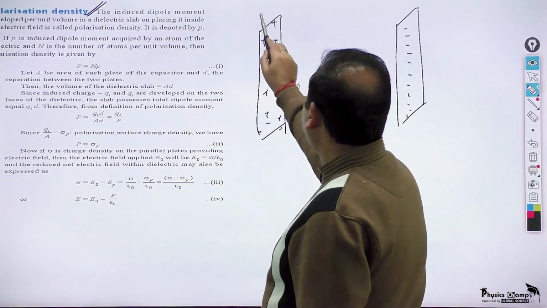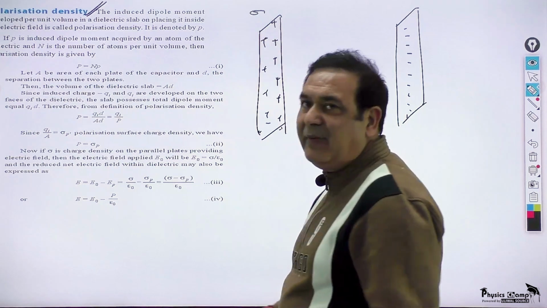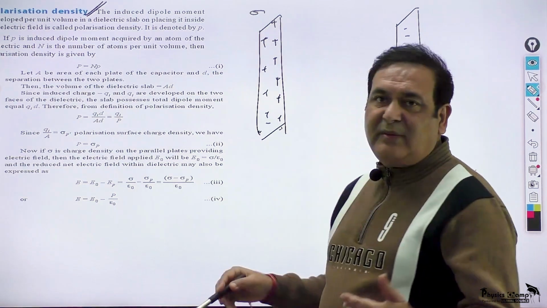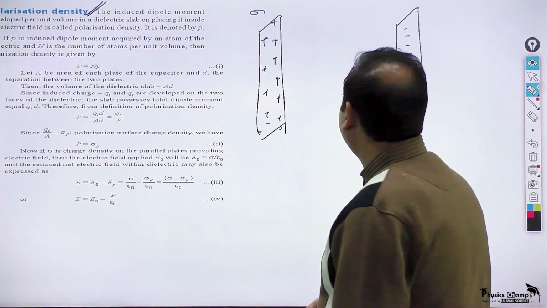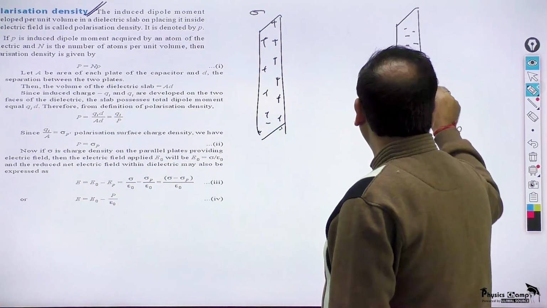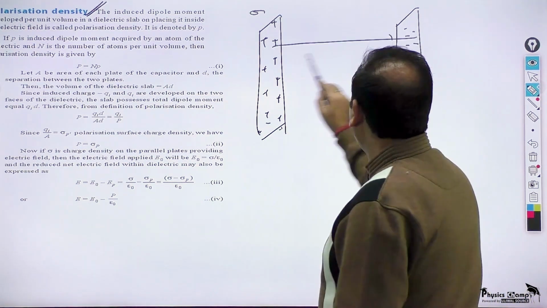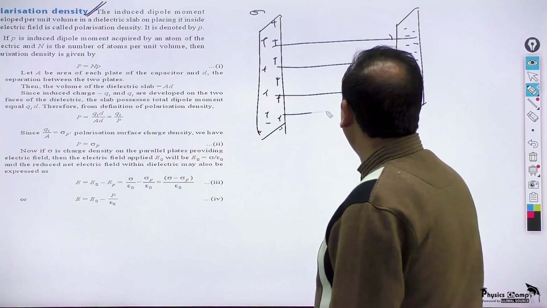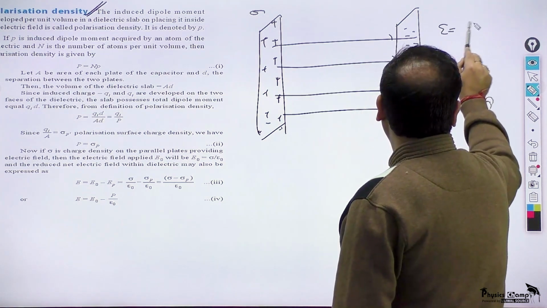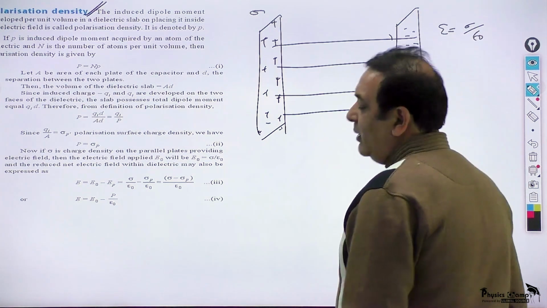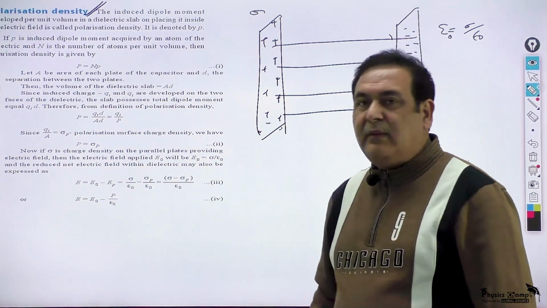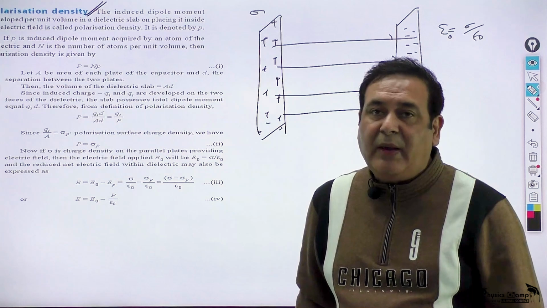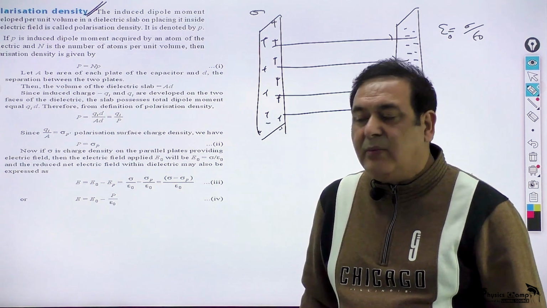The charge density of the applied charge is sigma, and due to that there is an electric field which is existing here, and this electric field would have value sigma by epsilon naught that we learned. This is external electric field. Surface charge density divided by epsilon naught, electric field due to sheet of charge.